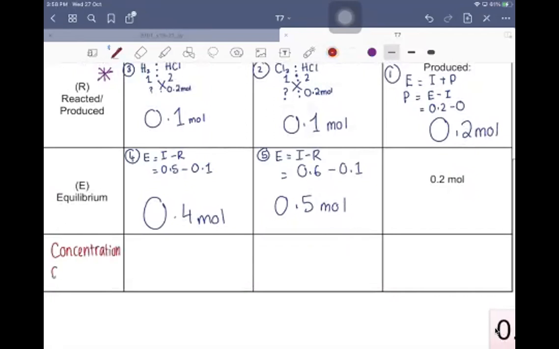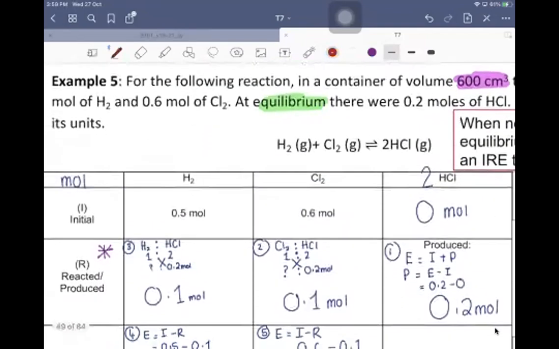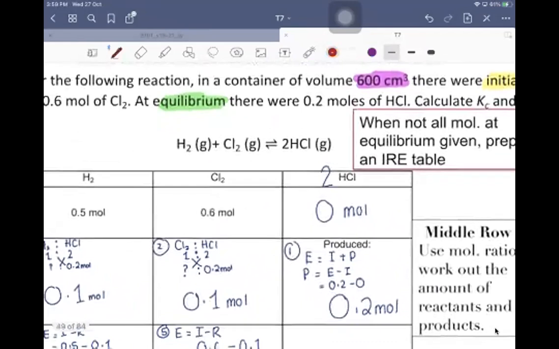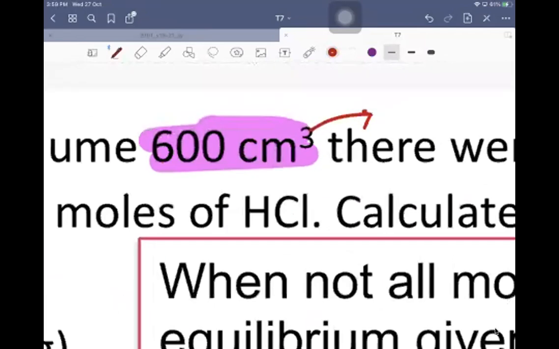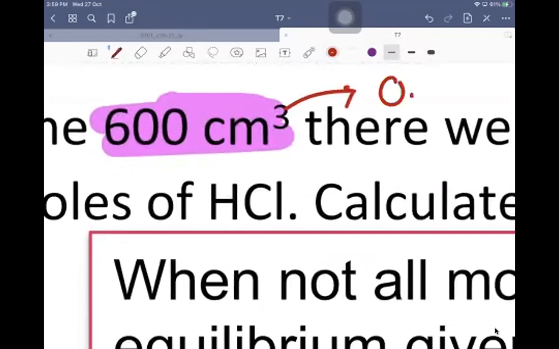So this is the same as the previous question, using the formula N over V. Our volume initially was 600 centimeter cube, and if we change that to dm cube, we divide it by 1000. So it should be 0.6 dm cube. So this is where sometimes writing down the units will come in handy.